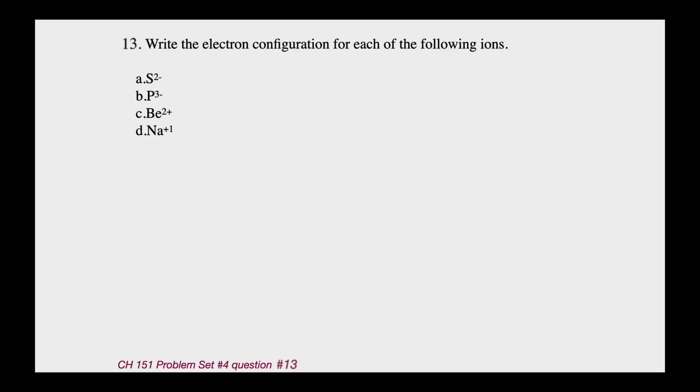Ions can also have electron configurations. The first 2 are negative anions and the last 2 are positive cations. On all of these, what you want to do is start with the neutral atom and then add electrons if it's a negative ion, or take away electrons if it's a positive cation. As an example, sulfur is neutral, has 1s2, 2s2, 2p6, 3s2, 3p4. Knowing that p's can go up to 6, you can maybe see why sulfur likes to grab 2 extra electrons and become a 3p6.